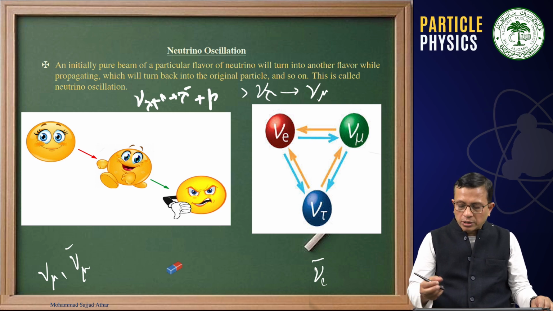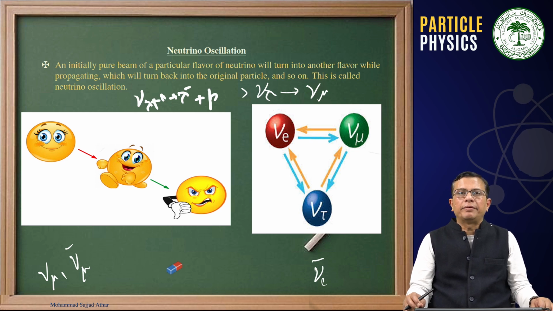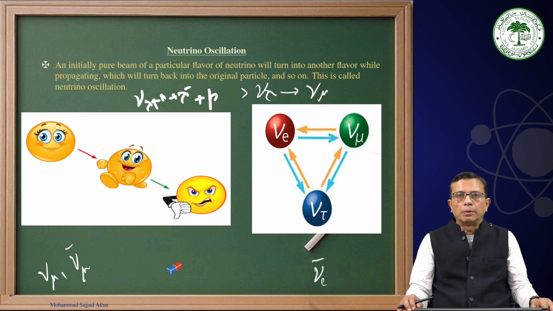While if we talk about only nu e, then nu e was found to be much less in number, and that is why we say that some of them have got converted into nu mu and the others into nu tau, but the net is that we are getting the same number as was predicted in the standard solar model.